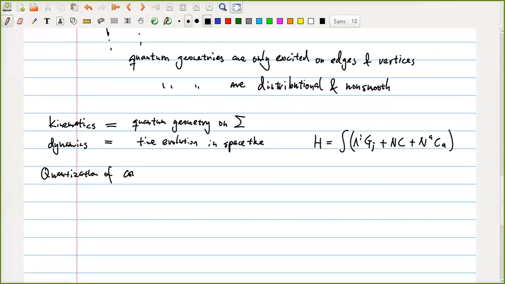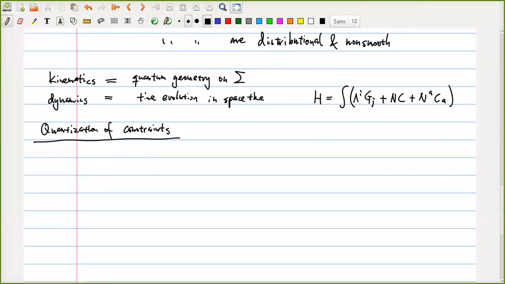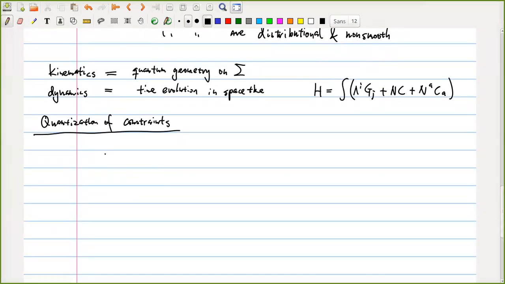Quantization of constraints. The scheme we are going to use is that firstly we have those classical constraints, like the Gauss constraint, Hamiltonian constraint, Muxin constraint. We call it C_I, C_I equals 0. These are classical constraints.